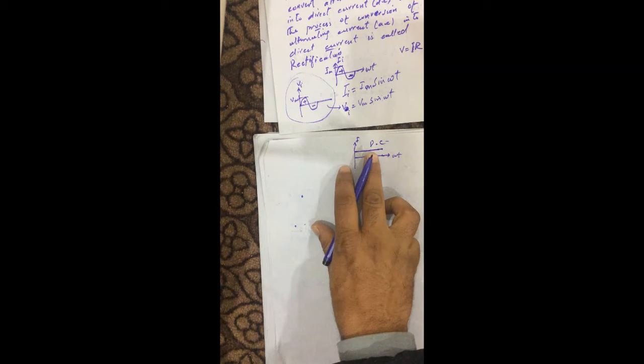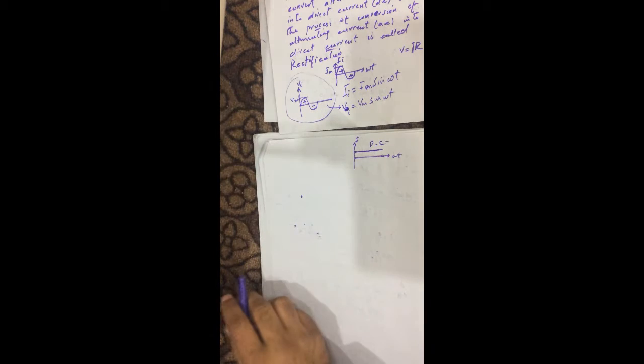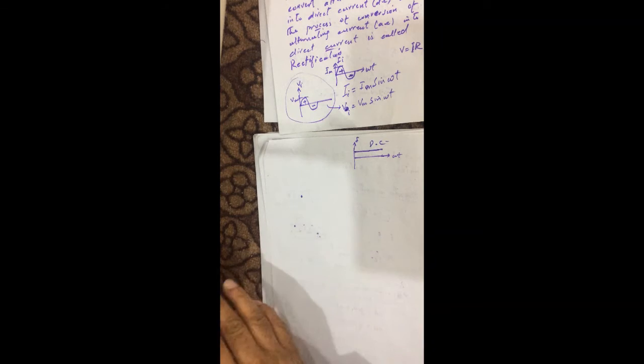So how do we convert this alternating current to this direct current? For that we use a rectifier. Now we will discuss in detail how we convert alternating current into direct current.